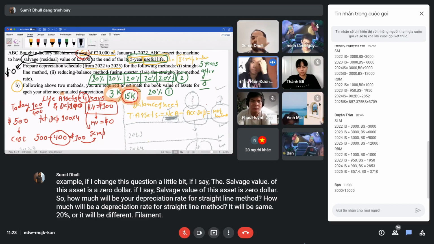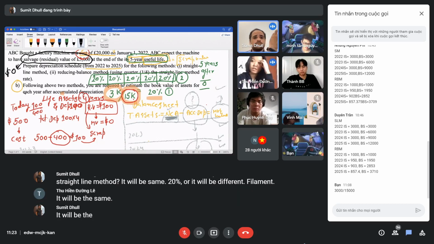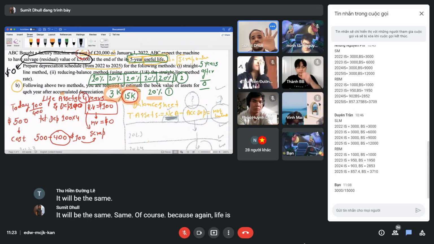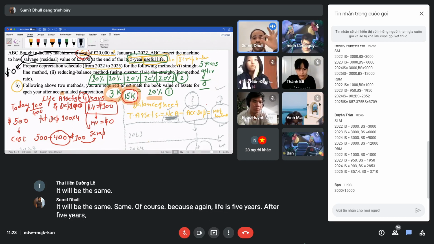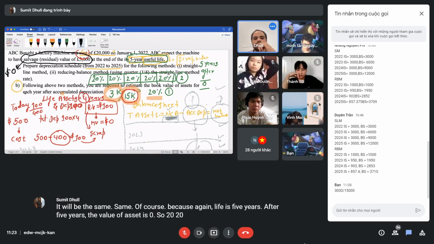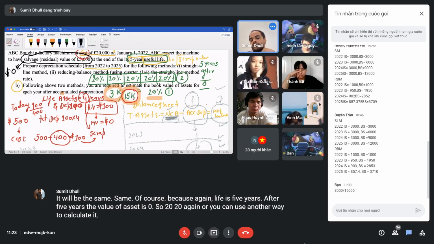It will be the same. Same, of course. Because again, life is 5 years. After 5 years, the value of the asset is 0. So 20, 20, 20, 20. Again, or you can use another way to calculate it. So it's up to you how you estimate it.